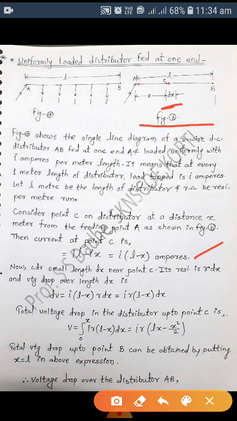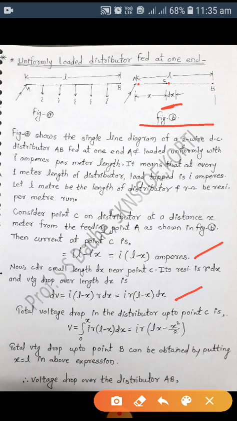So the equation will be dV equal to i(L minus x) r dx, which is equal to ir(L minus x)dx. Now the total voltage drop in the distributor up to point C can be written by taking the integration of the above equation. Therefore, V is equal to integration from 0 to x of ir(L minus x)dx.